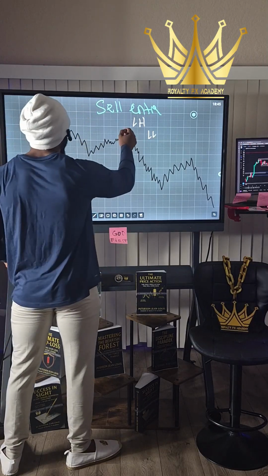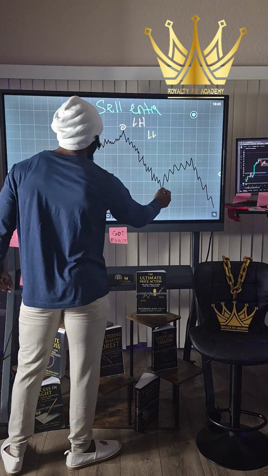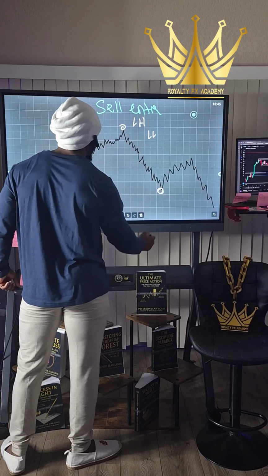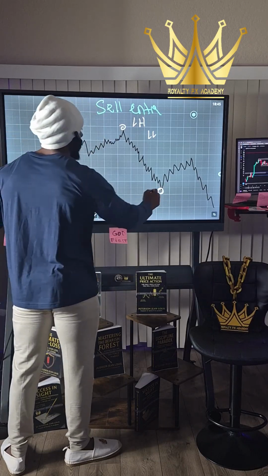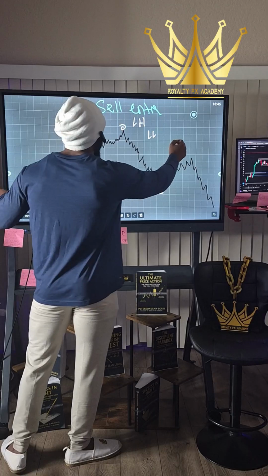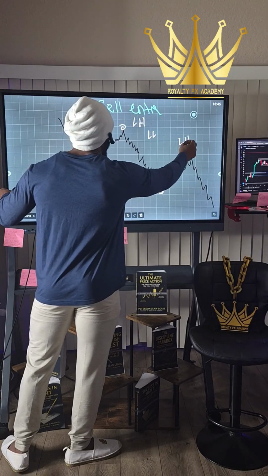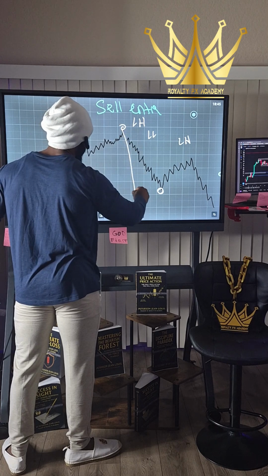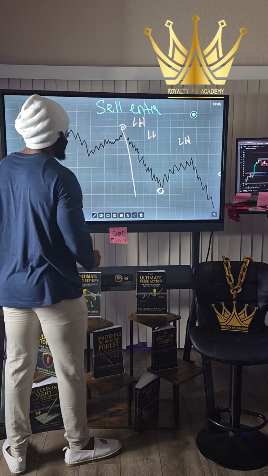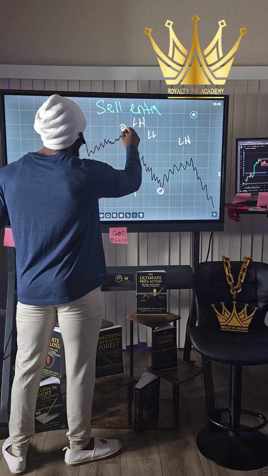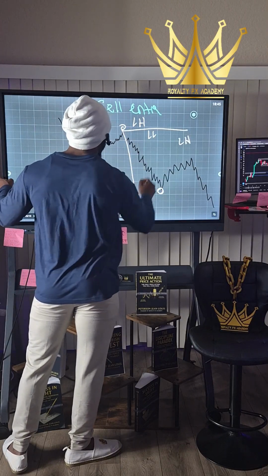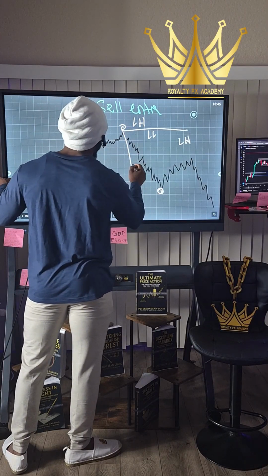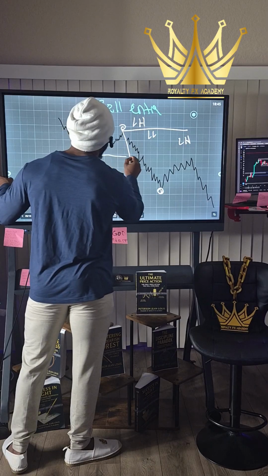So you start here, you're looking at the previous lower low, right? And then you are looking to take your trade at the next lower high. So your fib will go something like this, right? It's a point to point, see that? This is your zone.